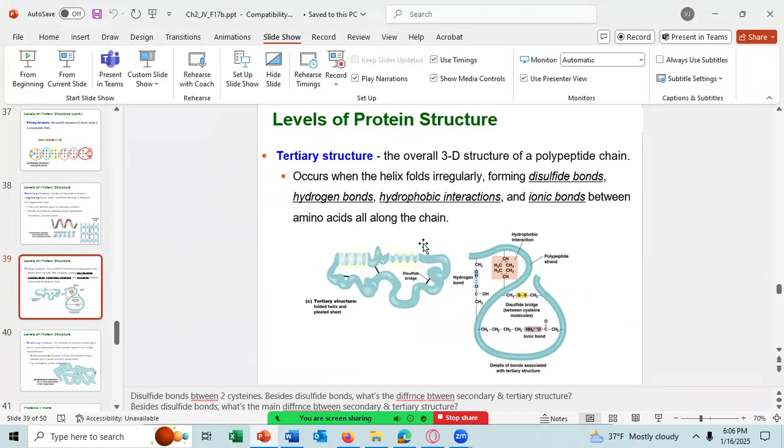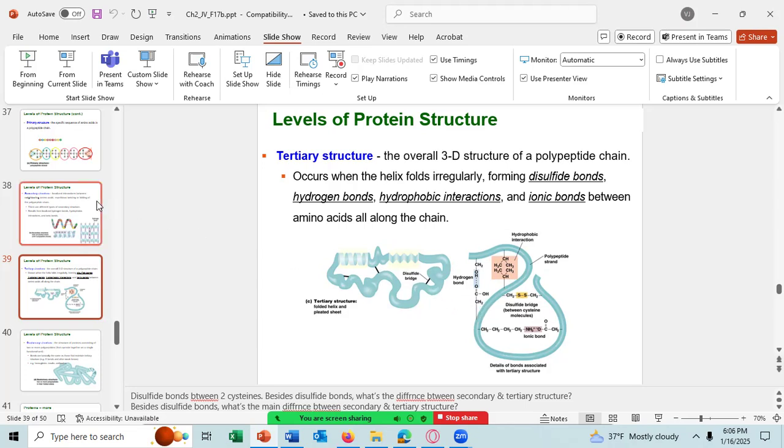The tertiary structure, let me remind you, forms the three-dimensional structure of the polypeptide unit. And if there's only one polypeptide unit to the protein, it forms the three-dimensional structure of the protein. And the amino acids can interact from all over the protein, like this amino acid interacting with that amino acid. This one's near the end of the protein. This one's close to the beginning of the protein.